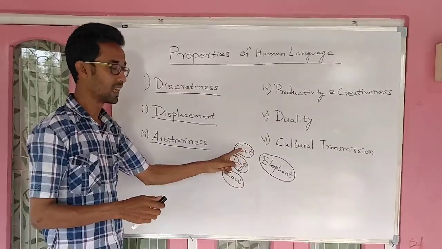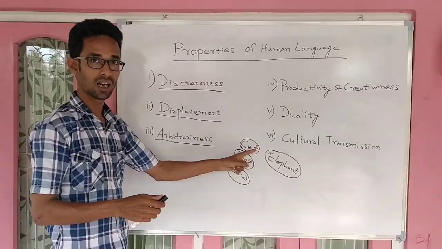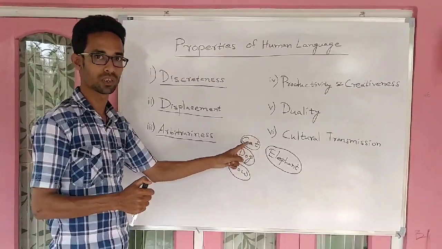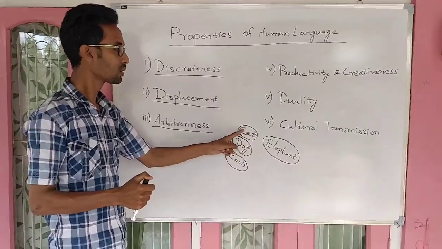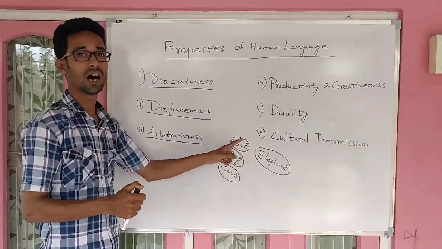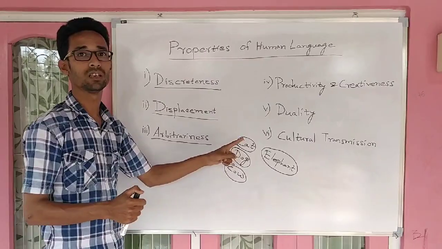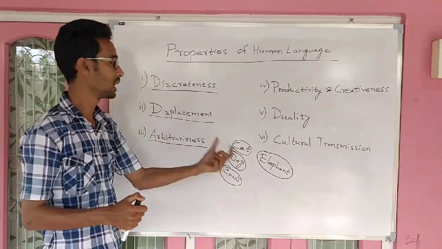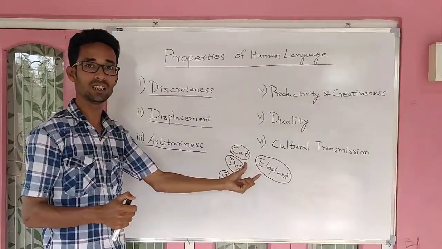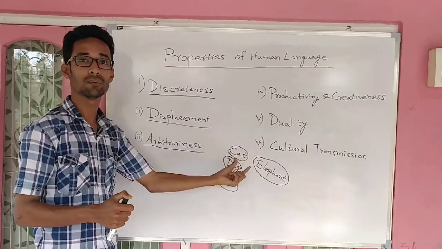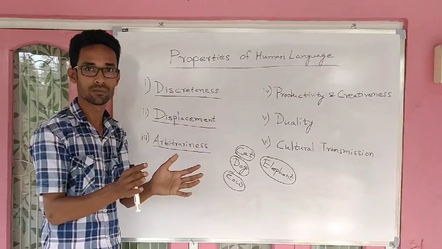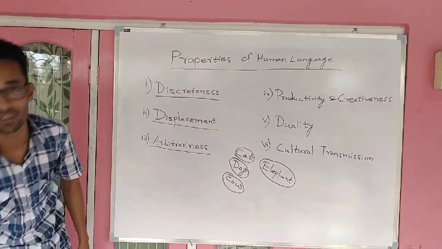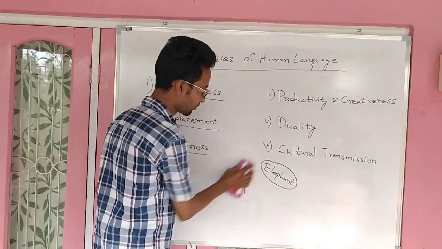Actually these letters are nothing but symbols we are using for the purpose of expressing. So these symbols are very much arbitrary to their real image, to their real form. Like cat, C-A-T, does not resemble the actual cat. So this is the arbitrariness feature of human language.